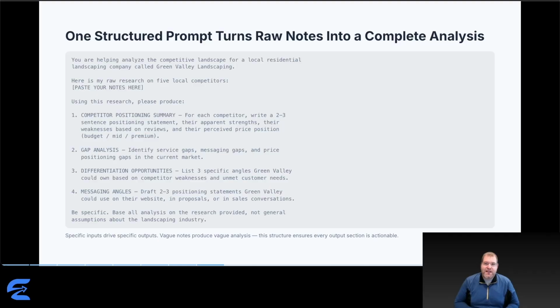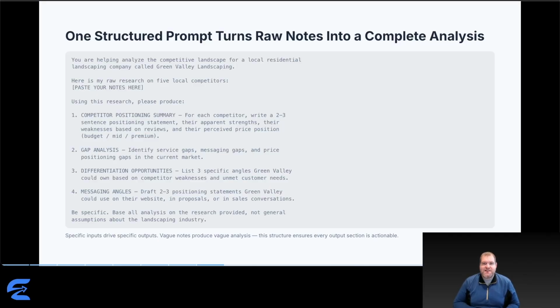Here's what the prompt looks like. You're giving AI 4 explicit output tasks: a competitor positioning summary for each player, a gap analysis, a list of differentiation opportunities, and draft messaging angles. Each section is labeled. The output format is defined before AI touches the input. And at the bottom, there's one instruction that matters more than any other.